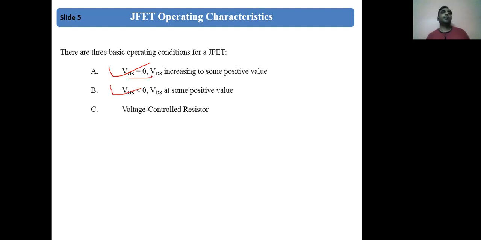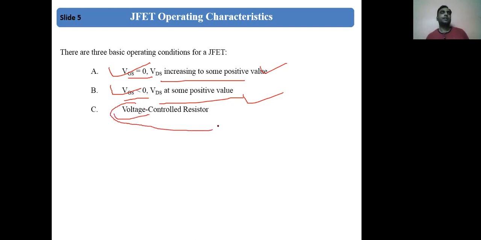Whenever we are not applying any VGS, okay, there is no battery or there is a short circuit between gate and source, and whenever we are applying negative battery between gate and source, definitely in both the cases some positive value of the VDS will be applied between drain and source, some battery will be applied. The third one is not much important.